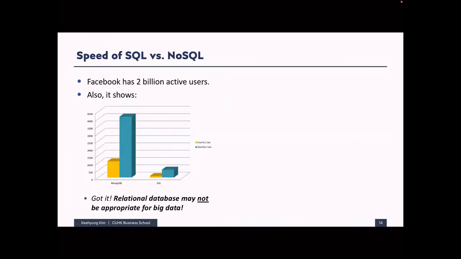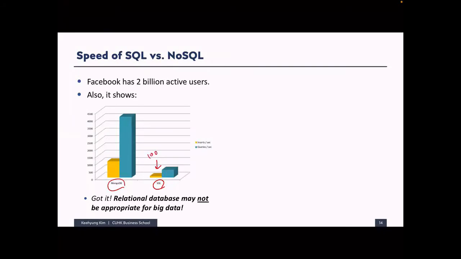So in this slide, it compares the speed of SQL versus NoSQL. Here's MongoDB and here's SQL, and the graph shows how many operations can be performed in each second. In SQL, the yellow one is insert. So basically, SQL can perform about 100 insert queries in a second.